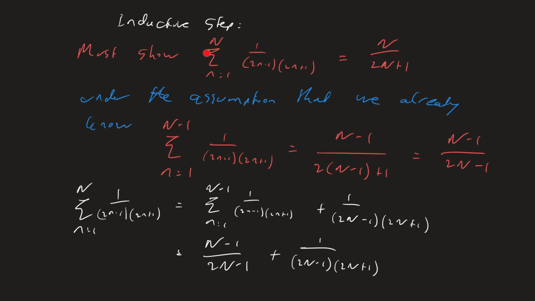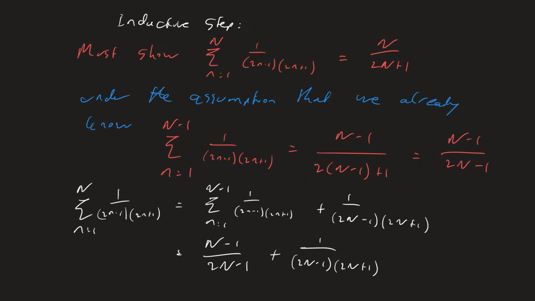So we want to prove that this is equal to this, and the simplification with the inductive step is to say that, well, we have to show that this is true, but we're allowed to assume that this expression is true when big N is 1 smaller than its current value. So in this expression here, I just replace big N with big N minus 1 everywhere.